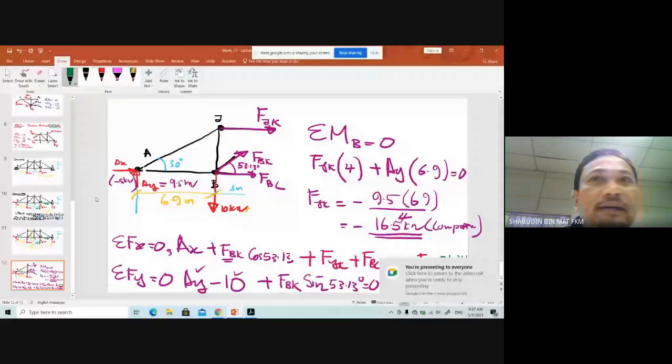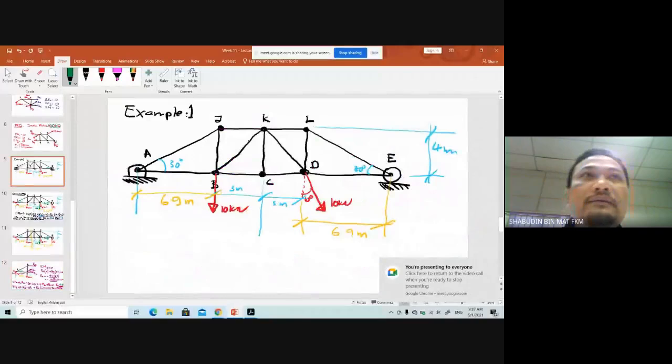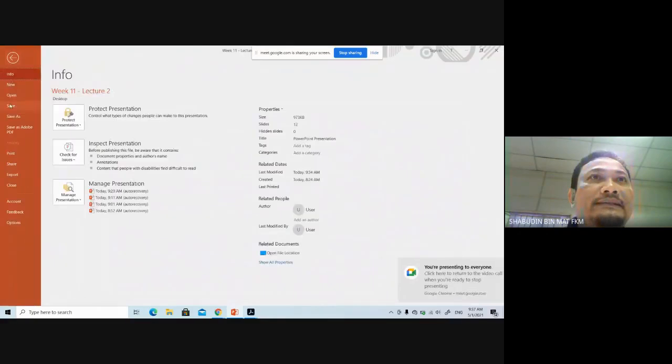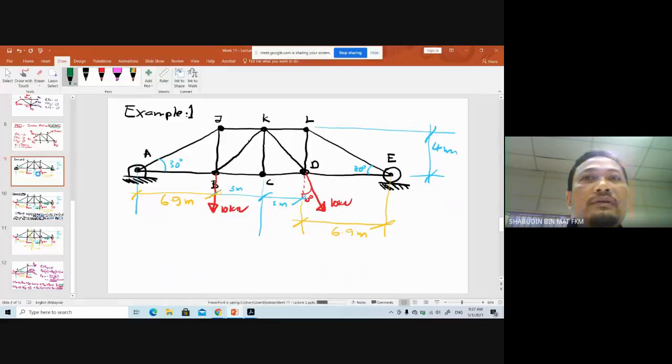Let me revise again. This is the fun and enjoyable part of the analysis. Actually, this is static, where the static began with. Very brilliant to do mathematics. To get mark, don't forget the free body diagram.